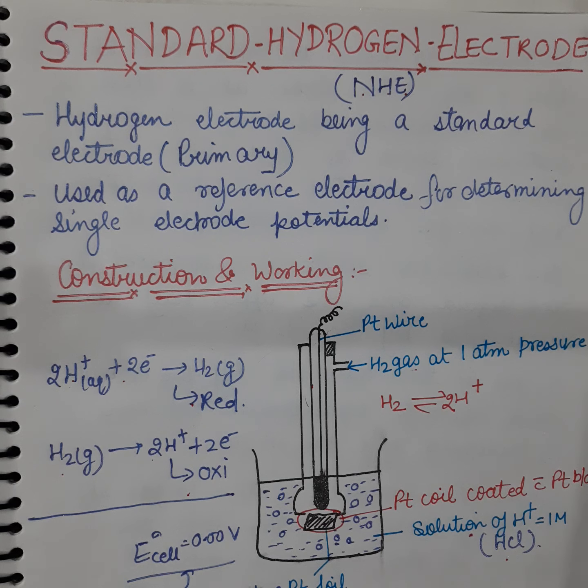It is difficult to maintain H+ ion concentration at 1 M. So there are many difficulties. That's why nowadays calomel electrode is used as a reference electrode. Your electrochemical series is based on standard hydrogen electrode.